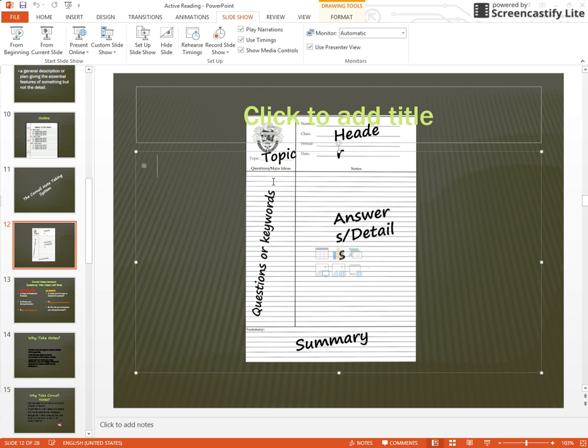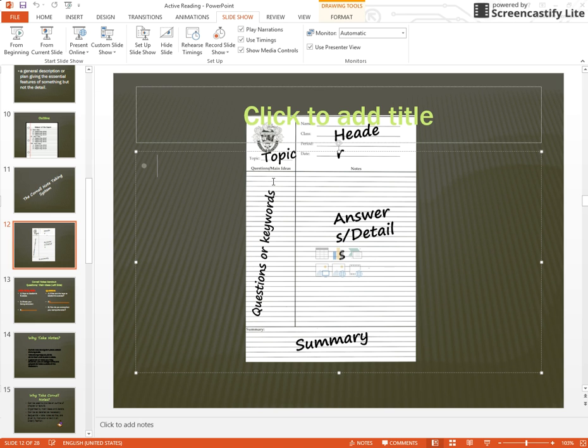You'd write down the topic that's noted in your textbook, for instance, for chapter 2, vocabulary. Then you have your header: name, class, not period because we're not in high school, but this was a very good visual of what I wanted. So you'd have those 3 components in your heading in your Cornell Notes when you're submitting it to me. For the questions or keywords, you would pretty much use the objectives from your book.